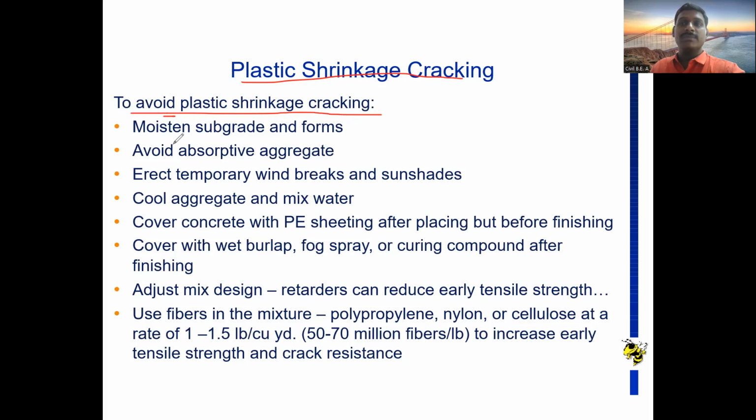For avoiding this, we have to moisten the subgrade and form. Whatever moisture is present on the subgrade or on the aggregate, we have to remove. Then avoid absorptive aggregate. The aggregate which absorbs the water, we have to avoid using in the concrete.